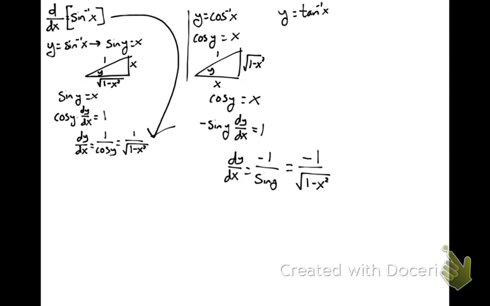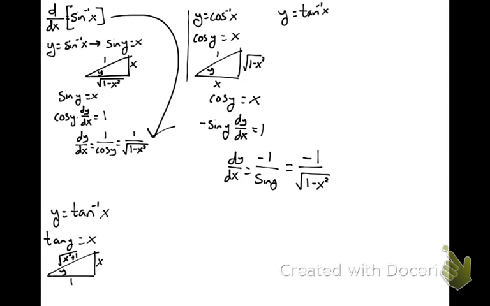Finally, I'll do this below, the derivative of the inverse tangent of x. Using the same problem as a model, this means that the tangent of y should equal x, which means in terms of a picture, if y is the angle, then the opposite over the adjacent is equal to x, and if we solve for the hypotenuse, we get that the hypotenuse equals the square root of x squared plus 1.